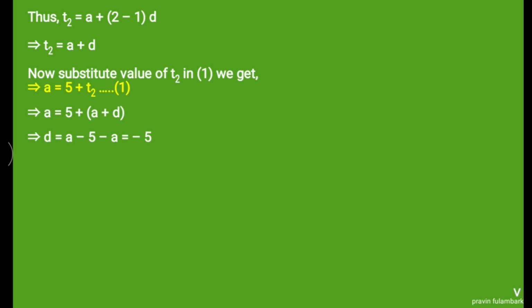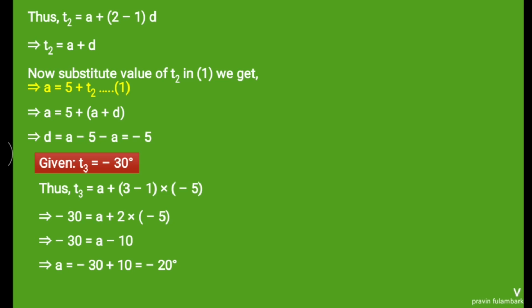From this we can find the remaining values. We use the given part, T3 equals minus 30. T3 equals a plus n minus 1 into d. Here n is 3, so 3 minus 1 into d, and d is minus 5.